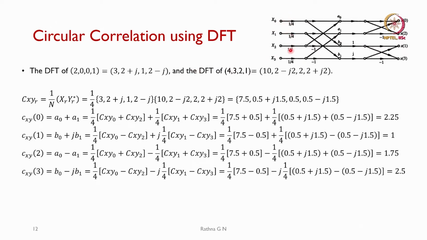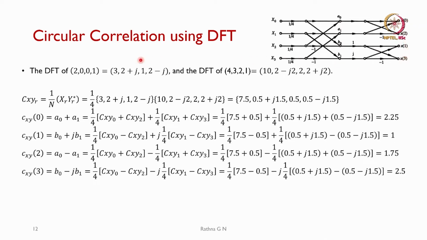So, 1 by N is 1 by 4 here, and these are the points we will be getting, basically the inverse of the DFT. So, this is C0, C1 and A0, A1, B0 and B1, and then we will be getting out x of 0, x of 2, x of 1 and x of 3.